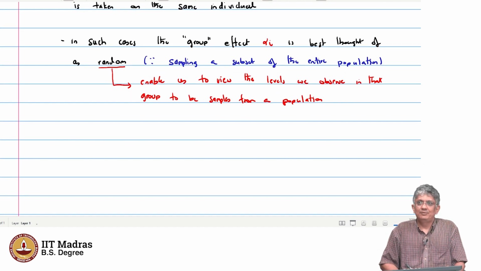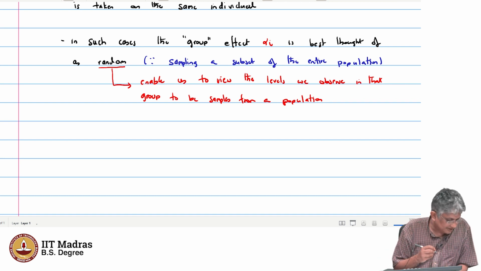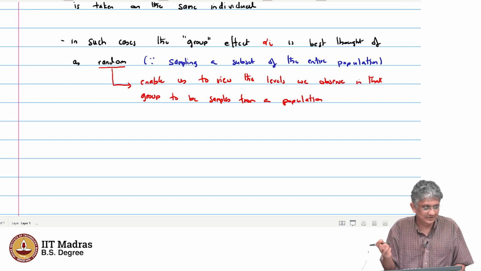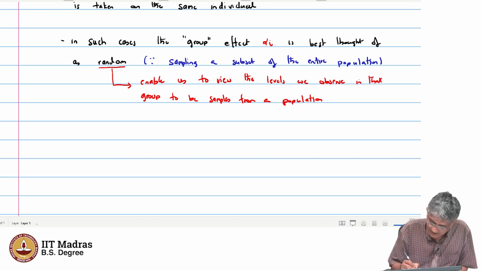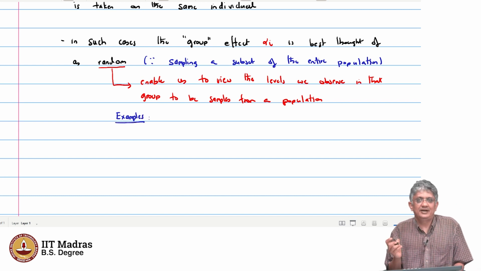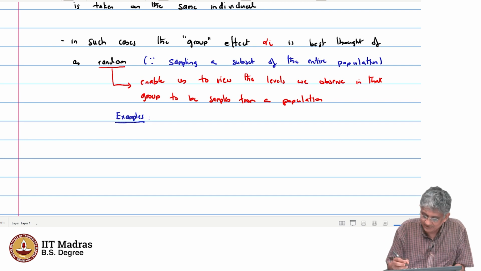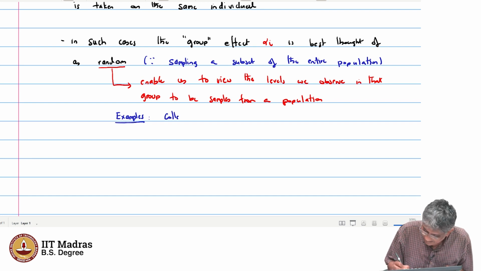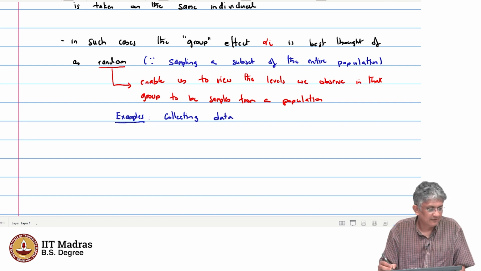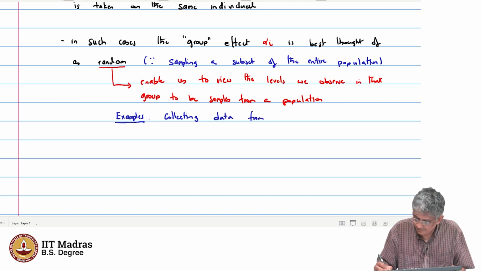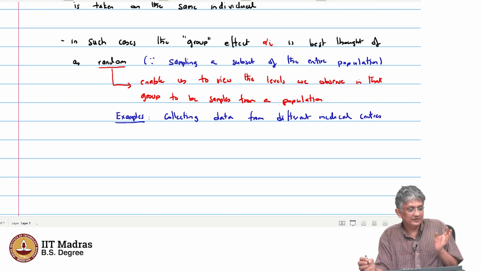Let's do an example. This is like you're doing the same treatment but at different medical centers, right? So you collect treatment data from different medical centers, and you can think of the center as random.